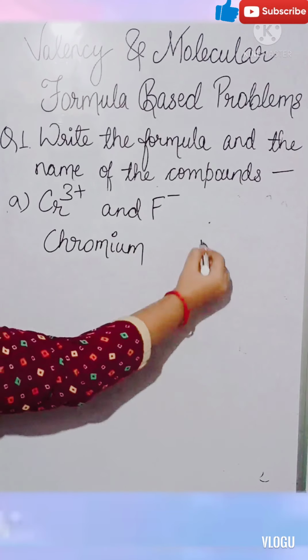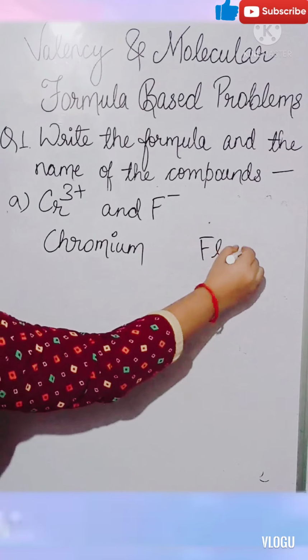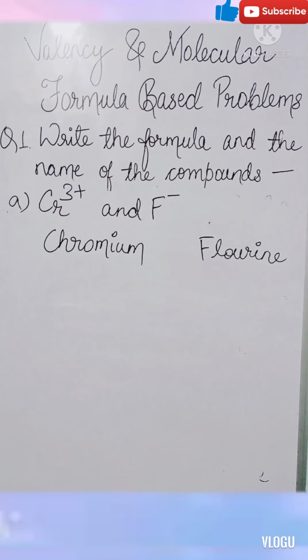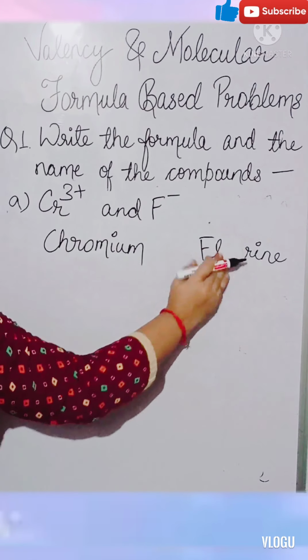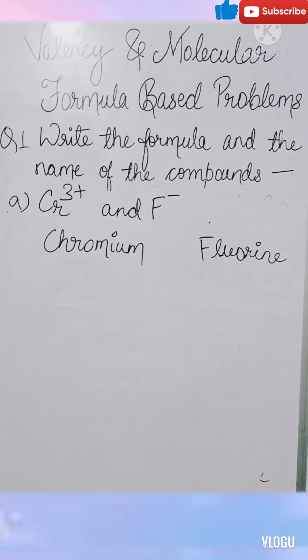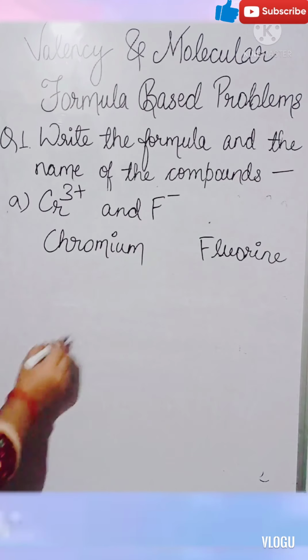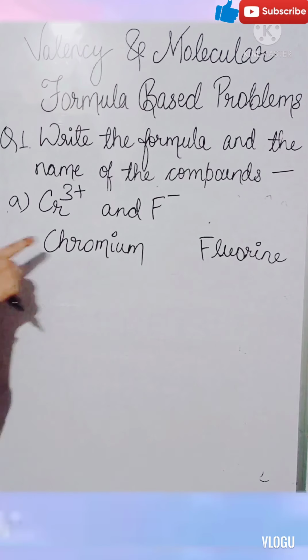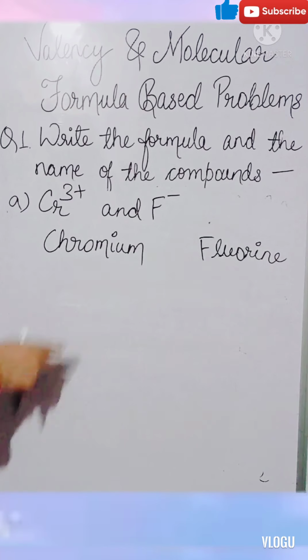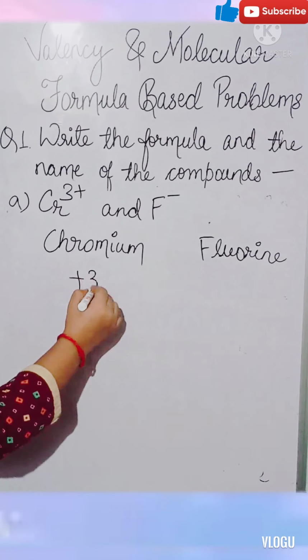F is the symbol for fluorine. Chromium and fluorine. But this is in need of 1 electron, so you can write it as fluoride also when making the molecular formula. So right now we will write here the valencies.